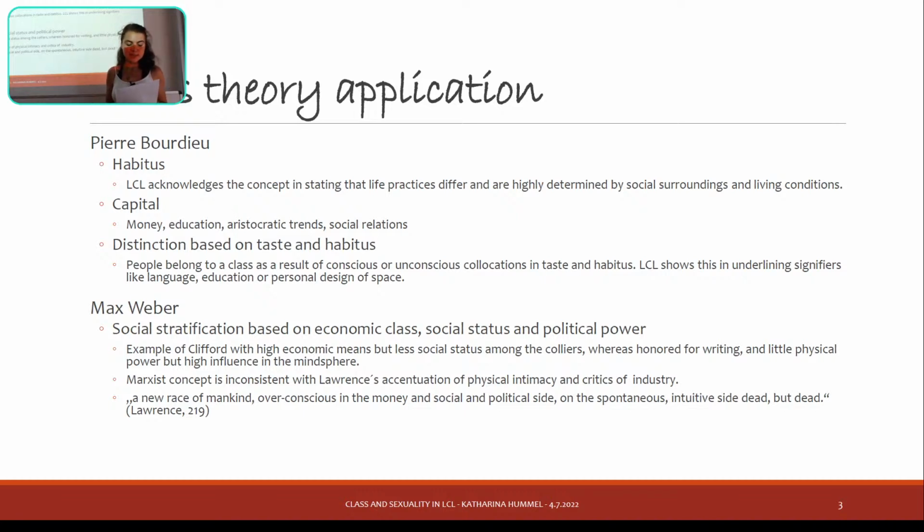These are part of one's identity and show how one lives, and furthermore give insight into class belonging. So you live a certain way, you talk a certain kind of English, you have certain things in your home or have not. You live in a home like Rugby, or you live like Mellors in a little house in the woods. So this also says something about who you are, what is your habitus, and is distinctive for your class belonging.